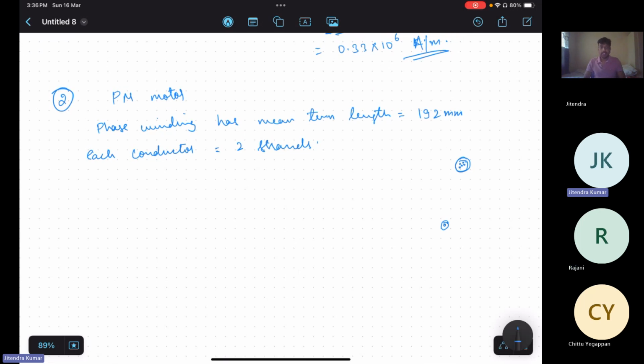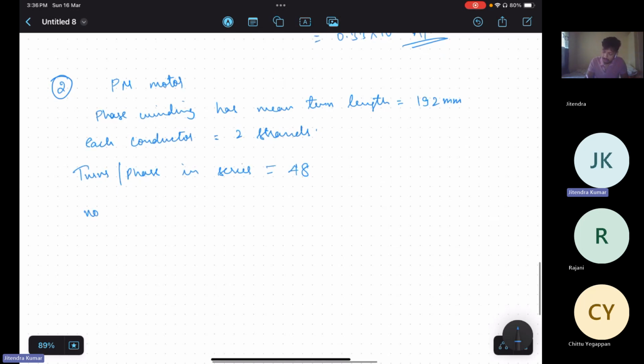Now, number of turns in series per phase is equal to 48, and number of parallel paths is equal to 2.